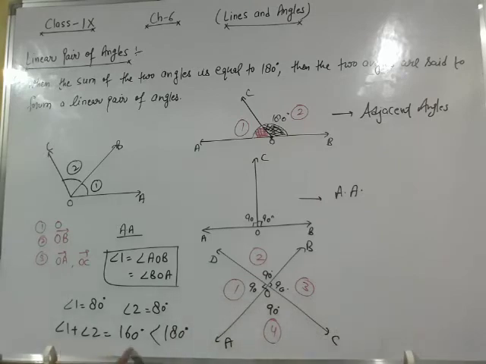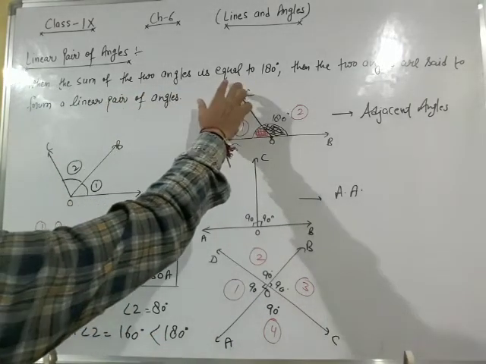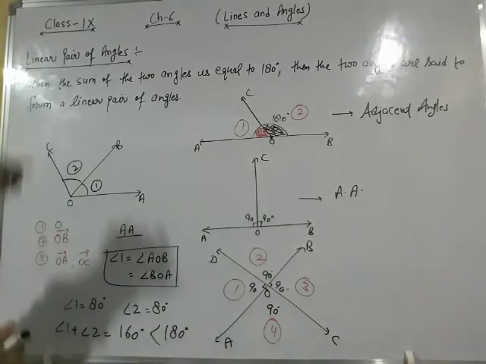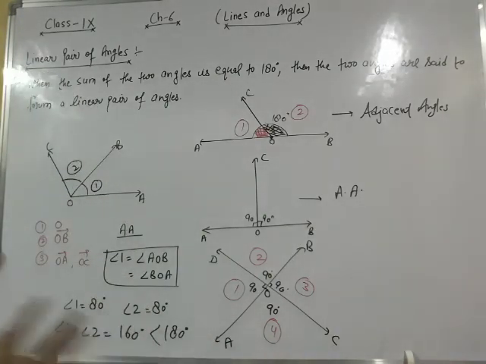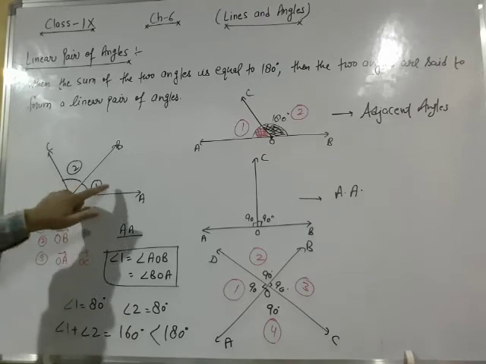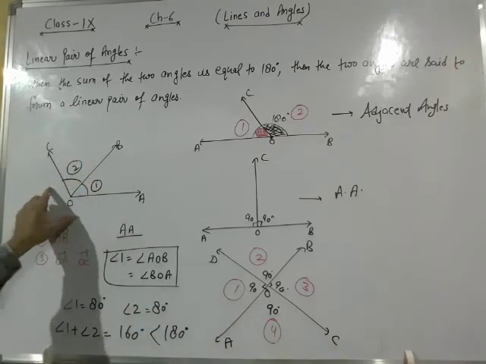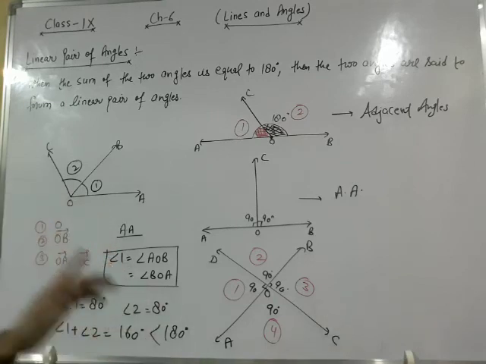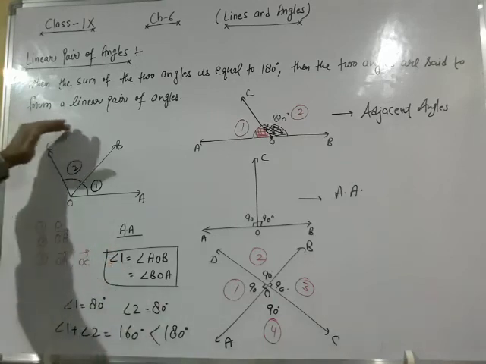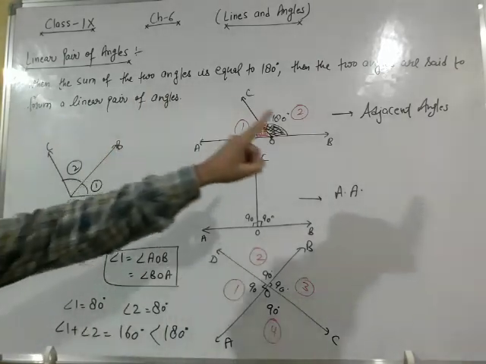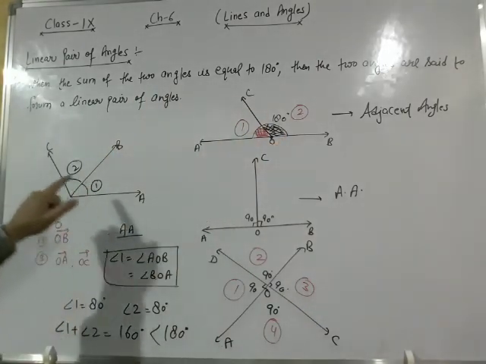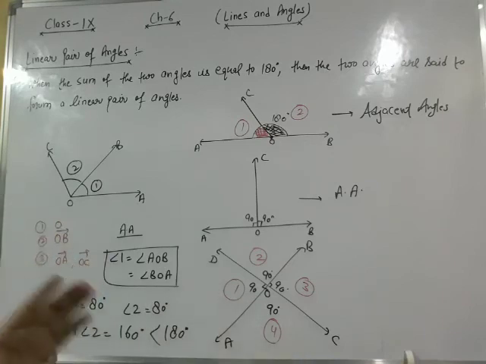The sum of the two angles is less than 180 degrees, and if the sum is not equal to 180 degrees, then a linear pair of angles doesn't form. Therefore angle 1 and angle 2 don't form a linear pair while they fulfill the properties of adjacent angles. So all linear pairs of angles follow the property of adjacent angles, but all adjacent angles need not follow the property of linear pair of angles.